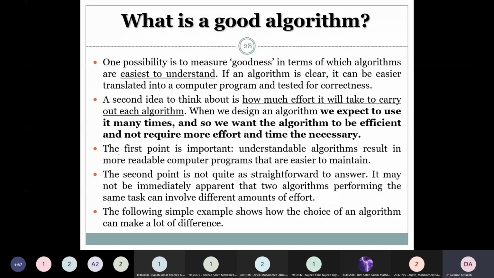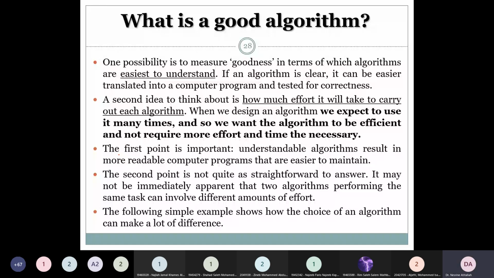It can be reused, it can be reused several times. Okay, clear, good.